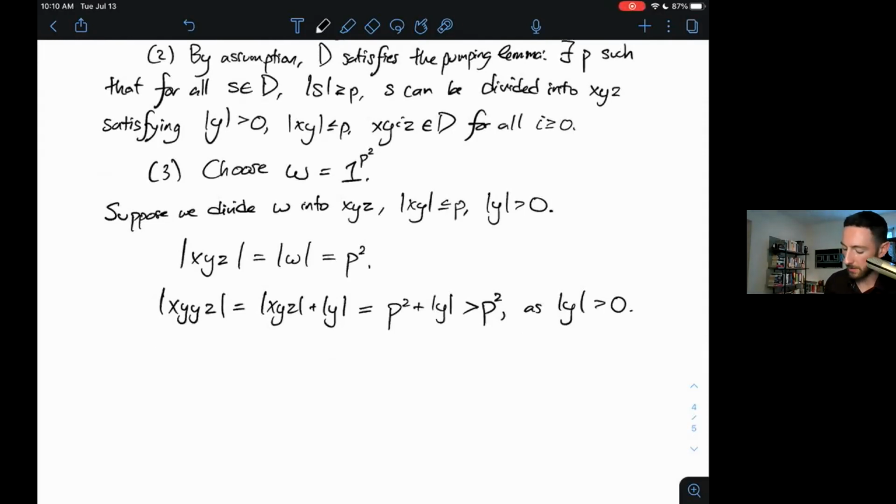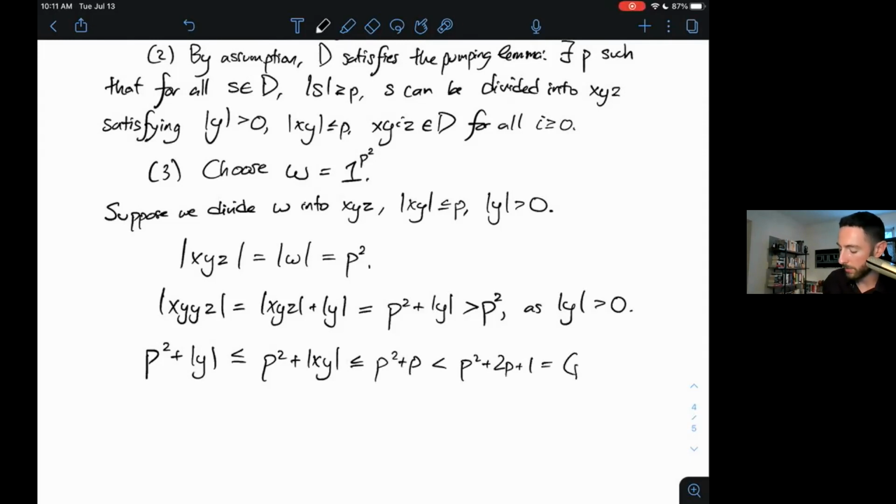So in particular, we know p squared plus the length of y is less than or equal to p squared plus the length of xy, because that's just x and y concatenated. So the total length is the length of y plus the length of x. But we have an upper bound on the length of xy, right? We've said xy can't be any larger than p. So this is less than or equal to p squared plus p, which of course is strictly less than p squared plus 2p plus 1, which is p plus 1 squared.